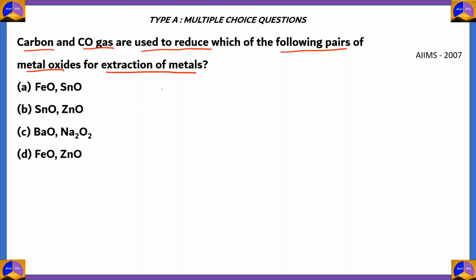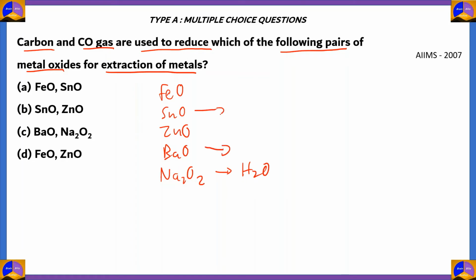So we have FeO, SnO, ZnO, BaO, Na2O2. So Na2O2 is reduced by water. BaO and SnO are reduced by hydrogen gas. So this is a dangerous process, but people use hydrogen gas to reduce SnO and BaO, barium oxide and tin oxide.